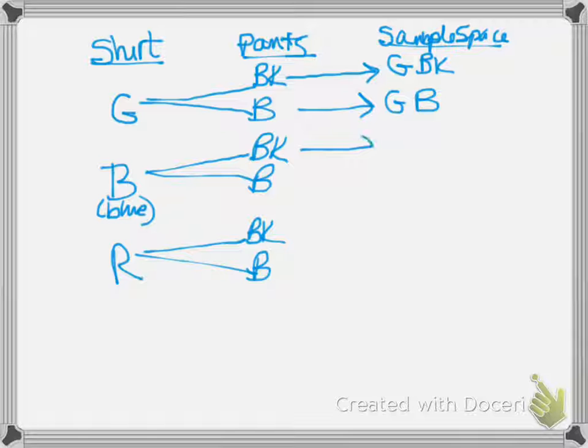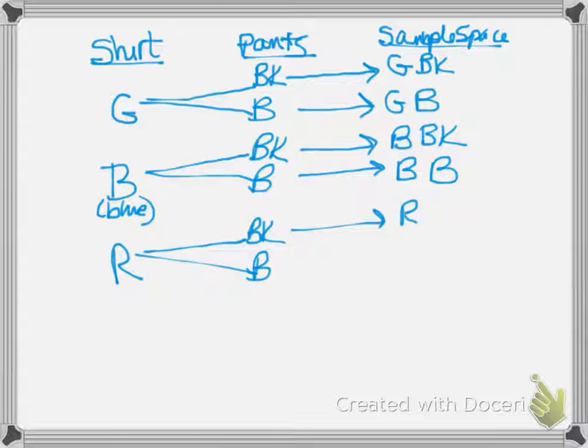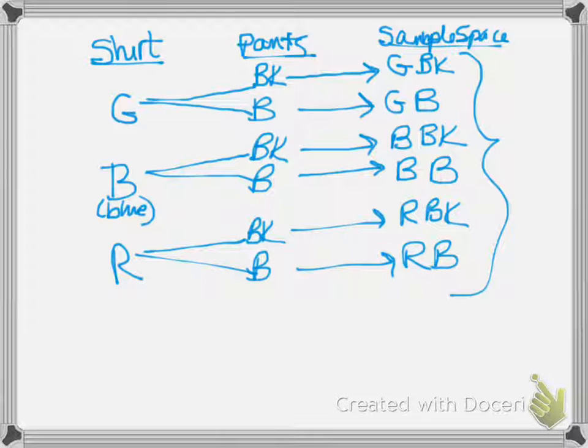Next, blue and black, and blue, blue. Then red, black, and red, blue. So how many are in my sample space? 6 possible outcomes.